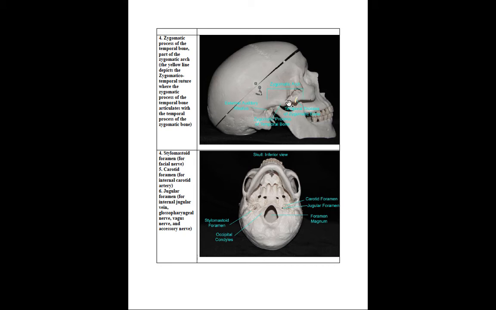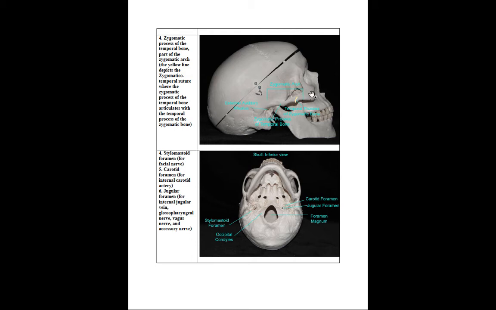So the zygomatic arch is actually made up of both the temporal bone and the zygomatic bone. Each of these bones has a process that sticks out to fuse with the other process to form that zygomatic arch. Here we call this process the zygomatic process of the temporal bone because it's going to fuse with the zygomatic bone.